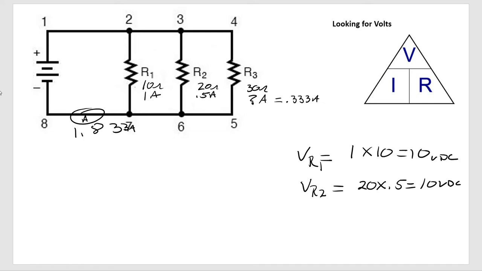Now remember, always put volts DC or whatever in there. Or I could say the voltage across R3 equals 30 times 0.333 equals, and it's going to be 9 point something, but we can just round that to 10.